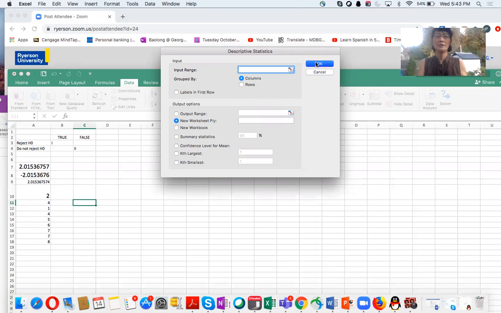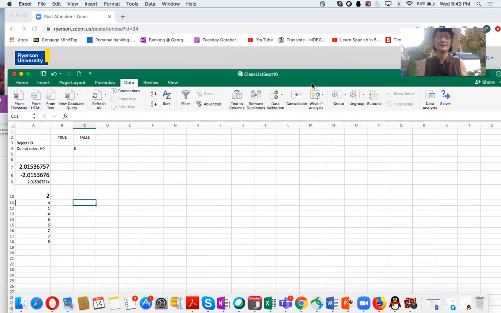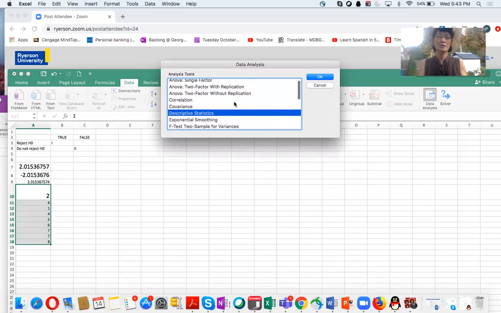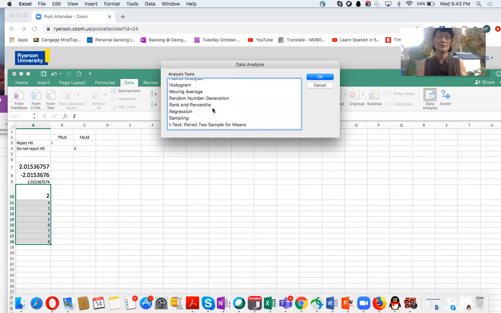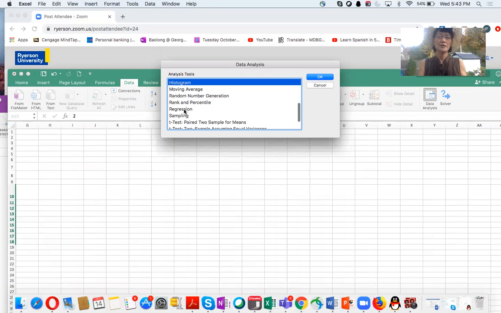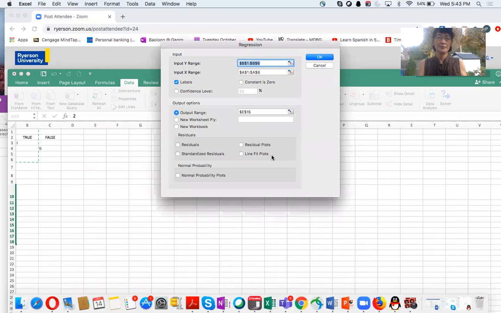Usually it is... it is not here. Let me see. Histogram. So if I'm interested in this data, I want to produce a normal probability plot. The options are correlation, exponential smoothing, moving average, regression. If I do the regression, I should see a normal probability plot.